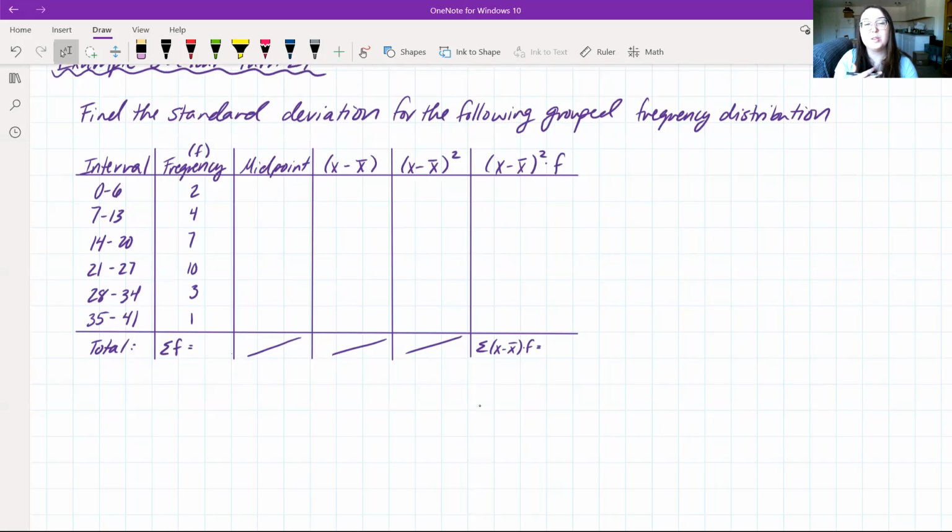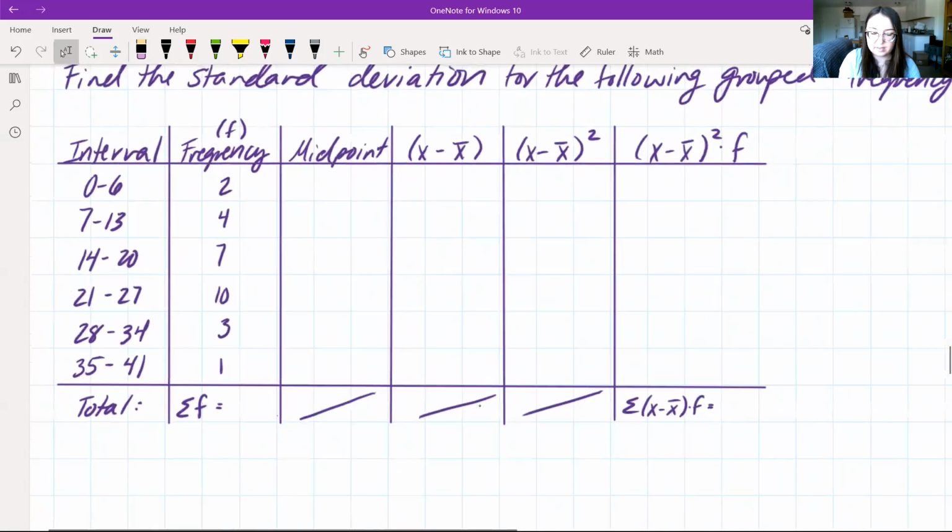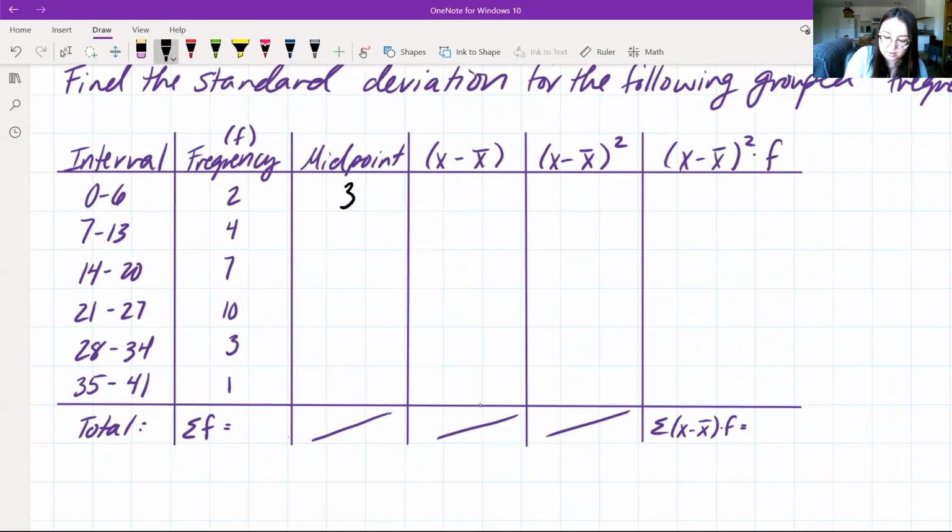Now remember, we're using our midpoint, just like we normally did in our last section when we had frequency distributions. We always picked a midpoint as kind of the average of this interval. So if we're picking our midpoint between 0 and 6, our midpoint here is going to be 3.